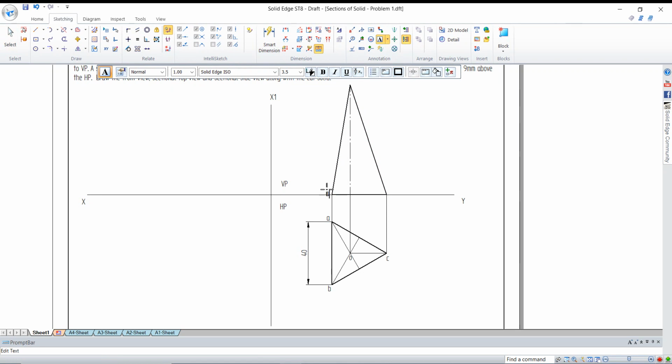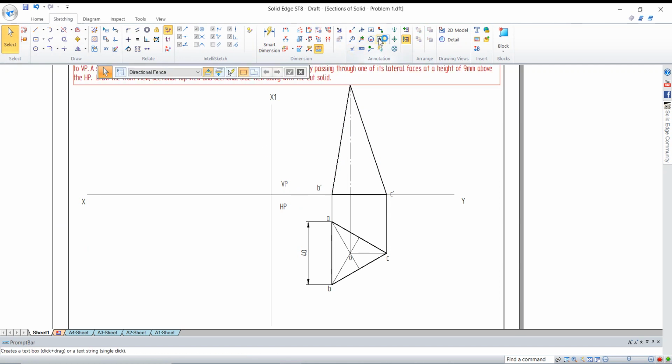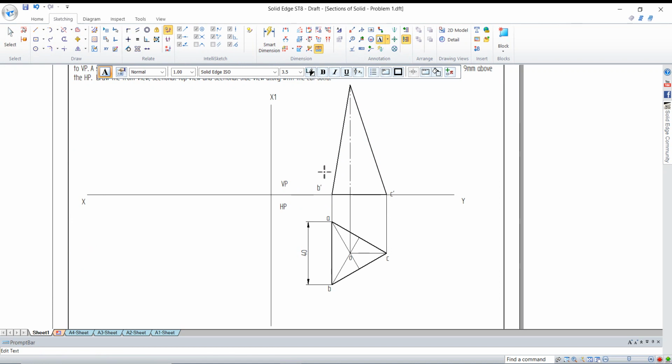This will be A dash, and we have C dash, and B dash will be visible here, but A dash is not visible here. So B dash will be written like this. A dash, I think you can keep it in brackets. So I'll delete this and put it again. A dash in the bracket.